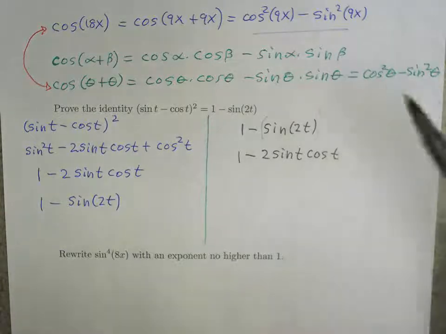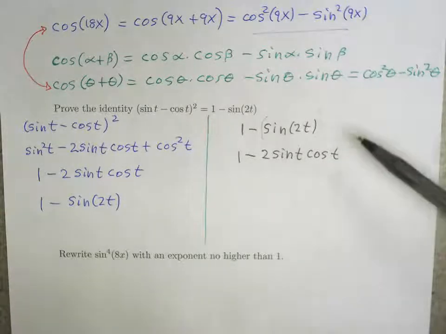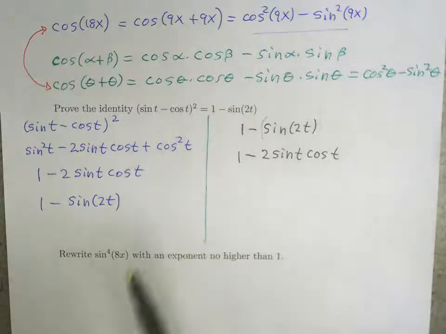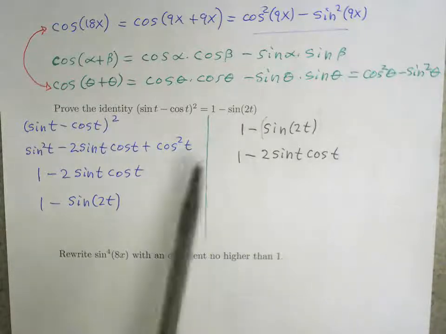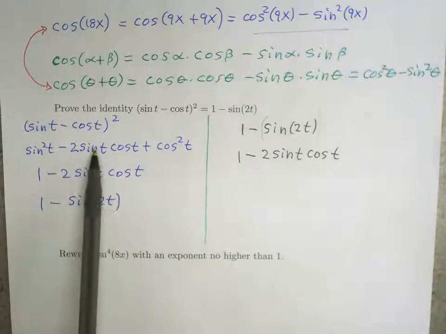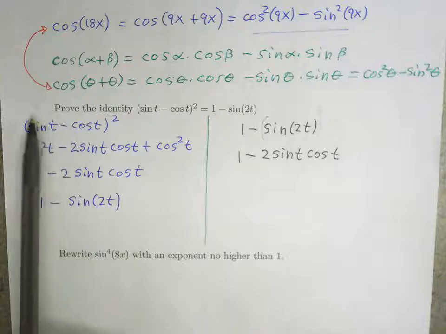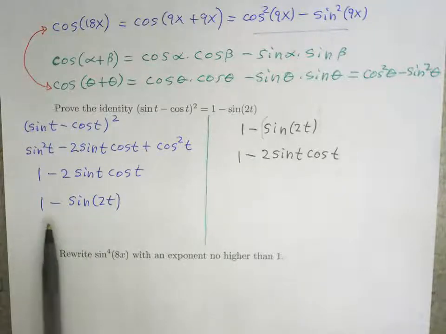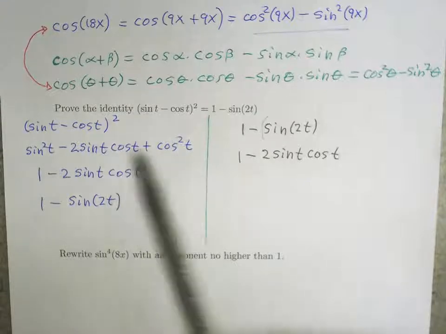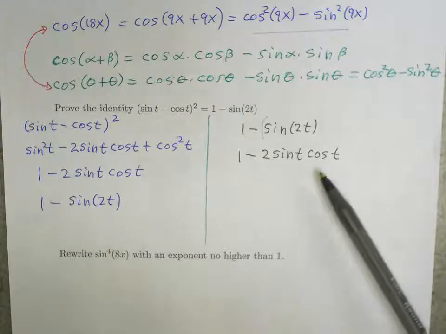So you might see what I'm driving at here. We could just reverse the process from the first part when we started on the left-hand side. But that's using information that we wouldn't ordinarily have.